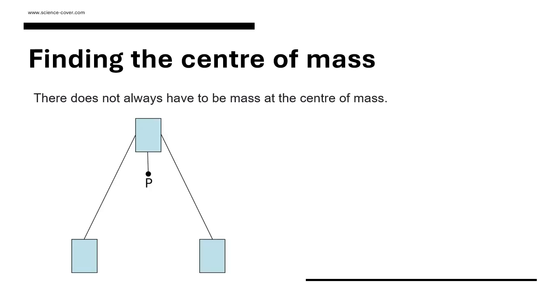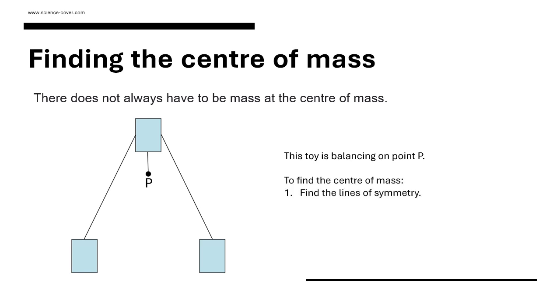It does not always have to be a mass at the centre of mass. This toy is balancing on point P, and to help find the centre of mass, we're going to assume that the connecting lines do not have a mass. So to find the centre of mass, we need to find the lines of symmetry and identify the point they cross.